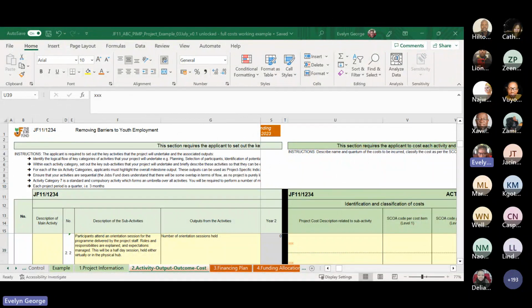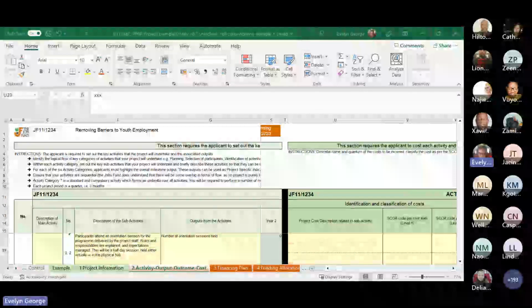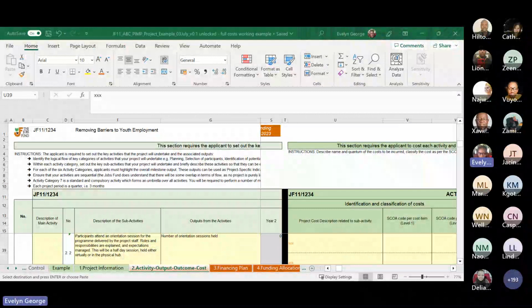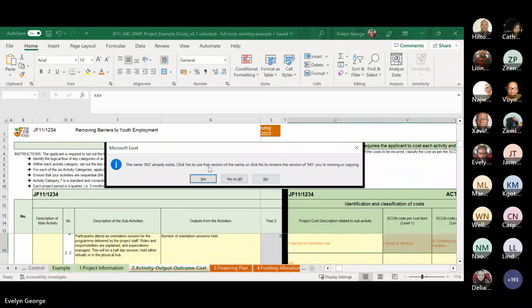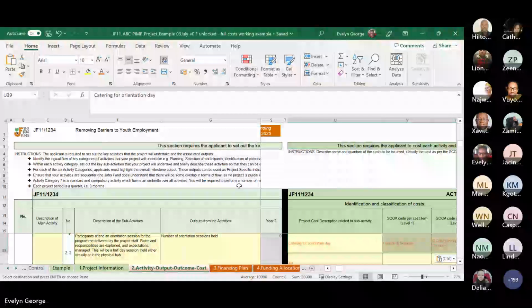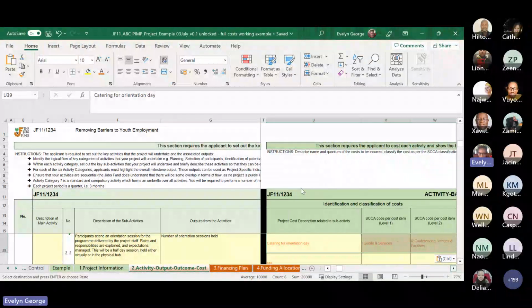I'm just going to zoom in on one of them, which is catering, and it relates to the orientation day.